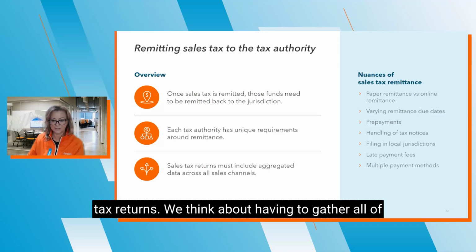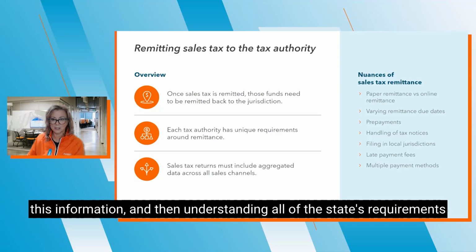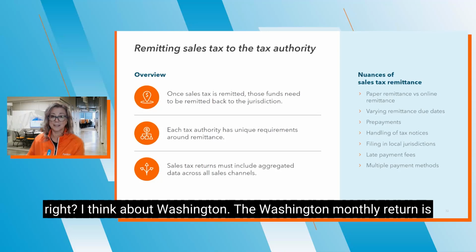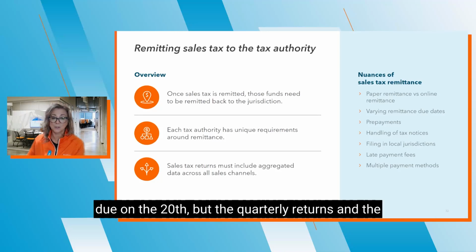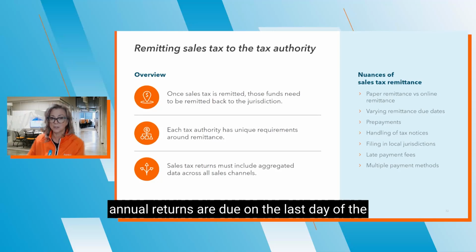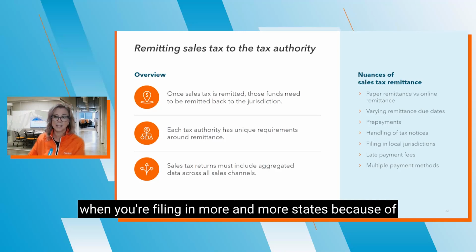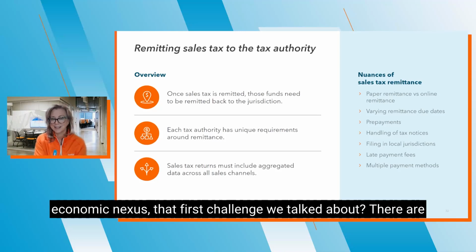We think about having to gather all of this information and then understanding all of the states' requirements for filing. Every state may have a different due date, right? I think about Washington. The Washington monthly return is due on the 20th, but the quarterly returns and the annual returns are due on the last day of the month. How are you keeping track of all of that when you're filing in more and more states because of economic nexus, that first challenge we talked about?